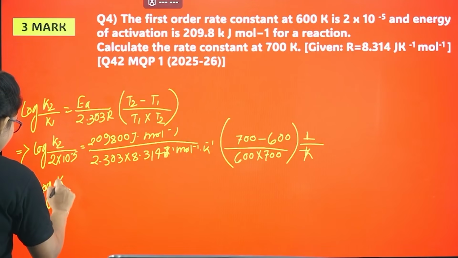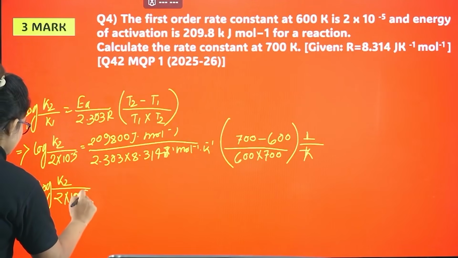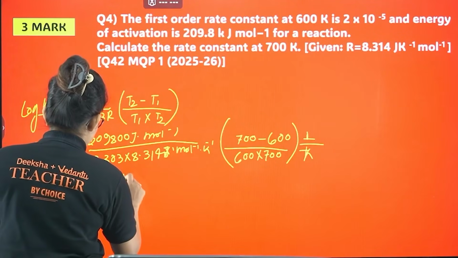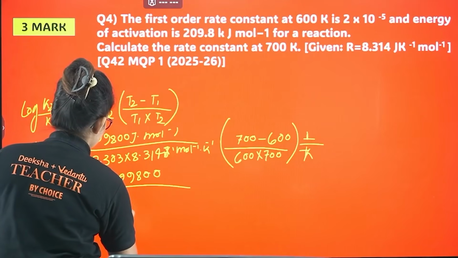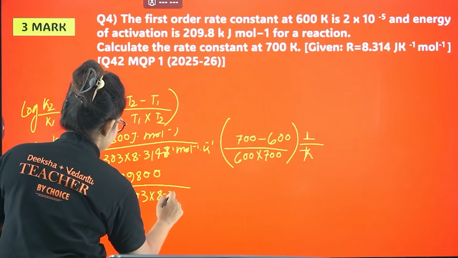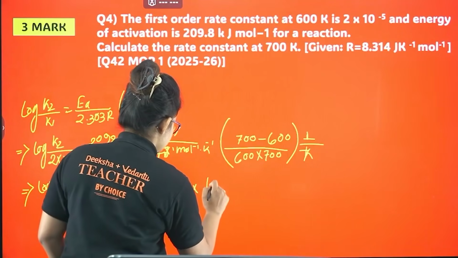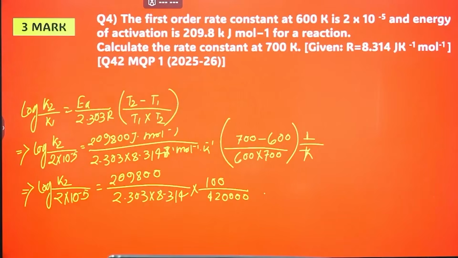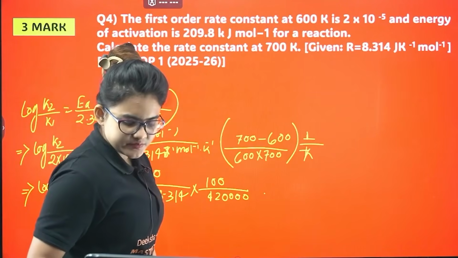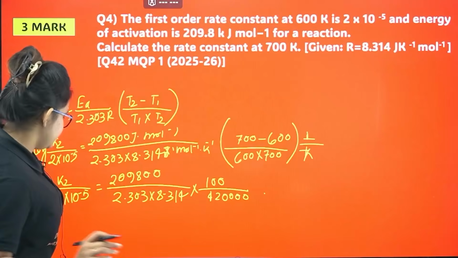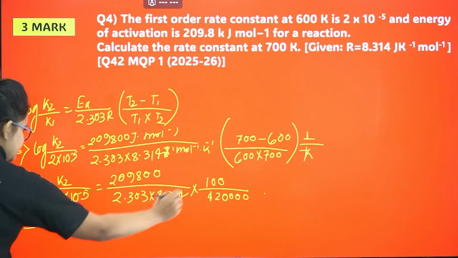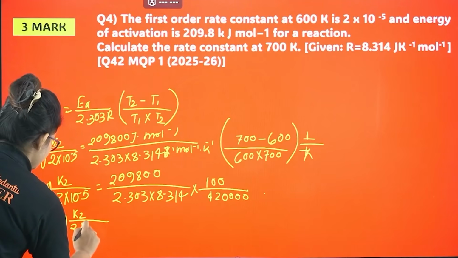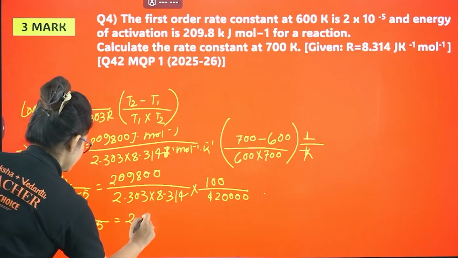So log K2 by 2 into 10 power minus 5 is going to be 209,800 divided by 2.303 into 8.314 into 100 by 421,234. On being simplified, if you calculate this side completely, you will get log K2 by 2 into 10 power minus 5 equals 2.6.